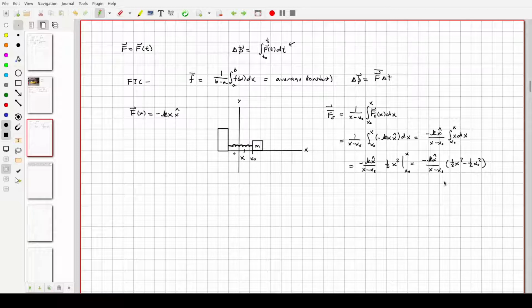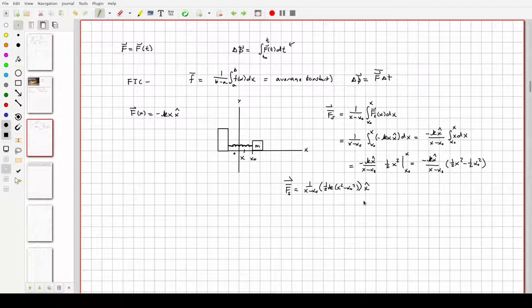Now, if we clean this up a little bit, from a vector standpoint, the average vector is going to look like this: minus 1 over x minus x naught times 1/2 k times x squared minus x naught squared, in the x hat direction.